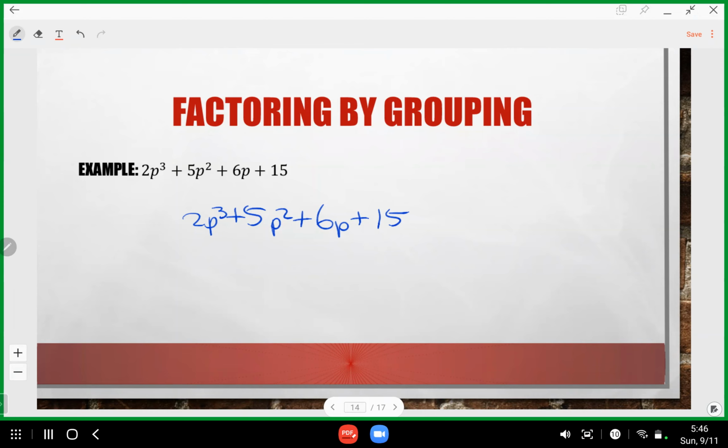But now we have something like this with 4 terms. How do you do that? So what we need to do is group. We're going to group these with parentheses. Let me group these. Once you find the groups, you're going to factor each of those groups individually.